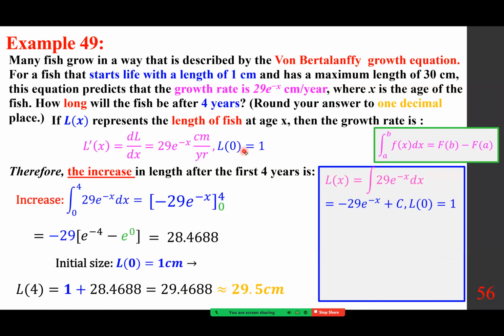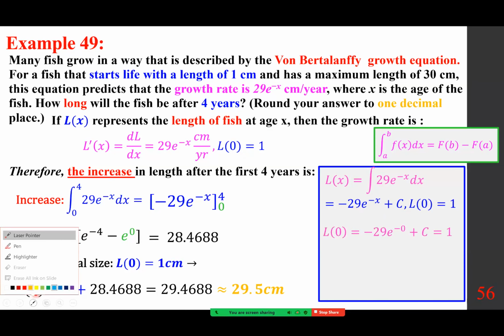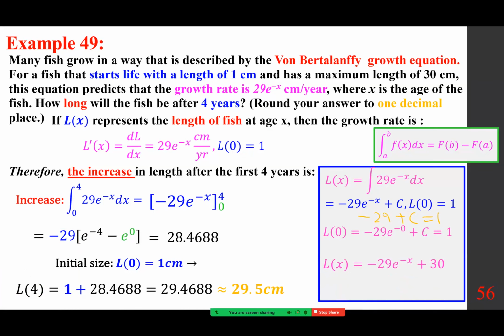By replacing the x with 0, this must become 1. So that gives us a chance to find the missing c. So we have minus 29, right? Because e to the power minus 0 is 1, plus c equals 1. So c is 30. And now a general solution becomes a particular solution.